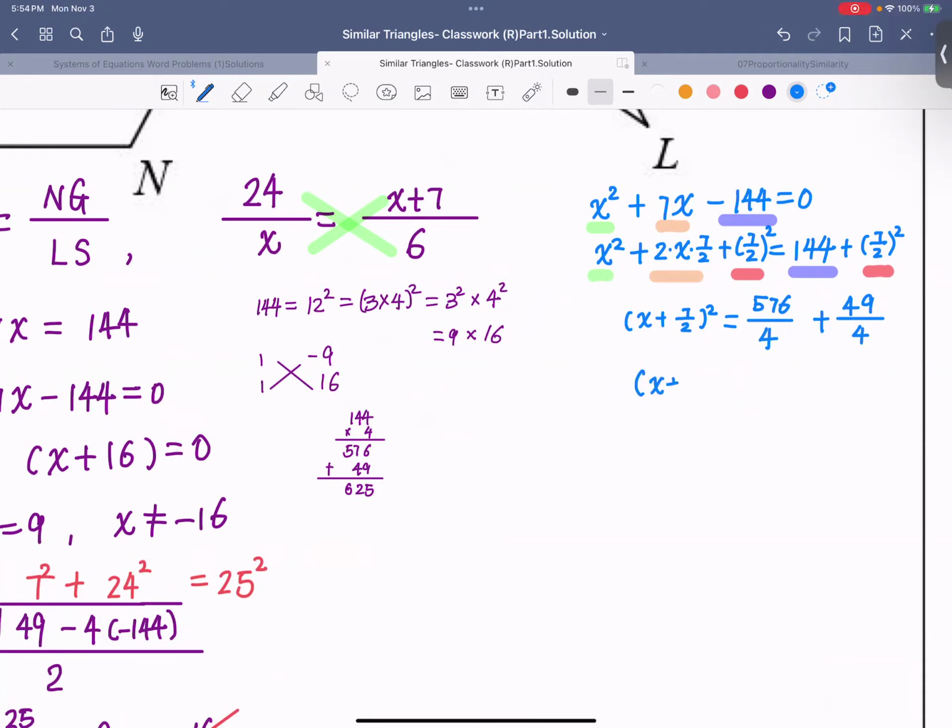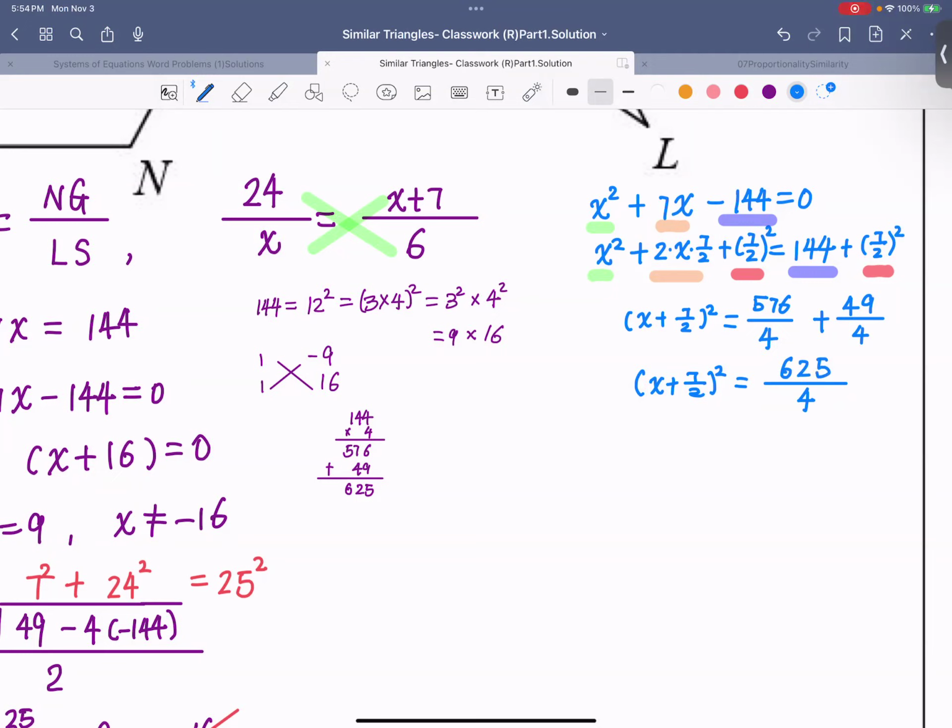And then we have x plus 7 over 2 squared equals to who? That two number plus 576 plus 49, which is 625. Yes.